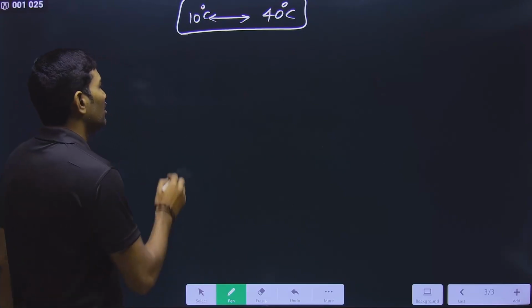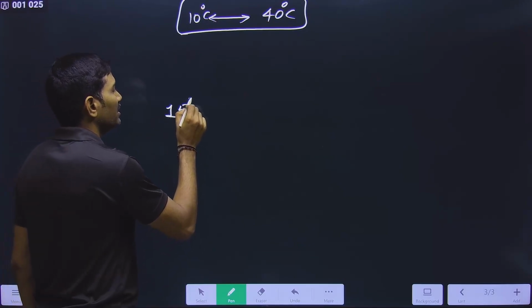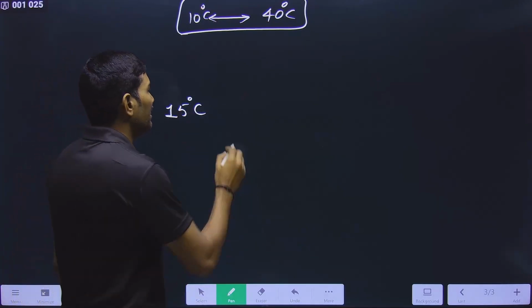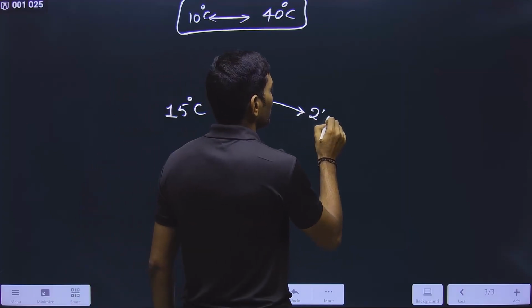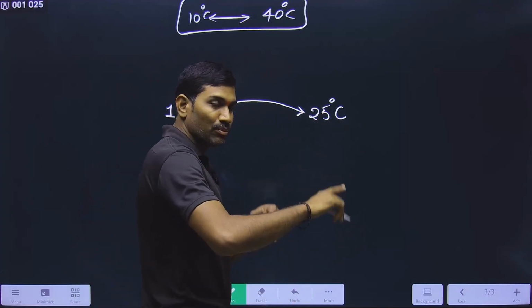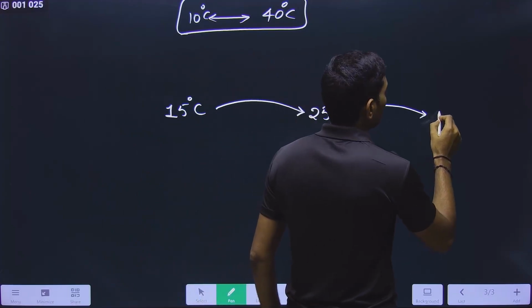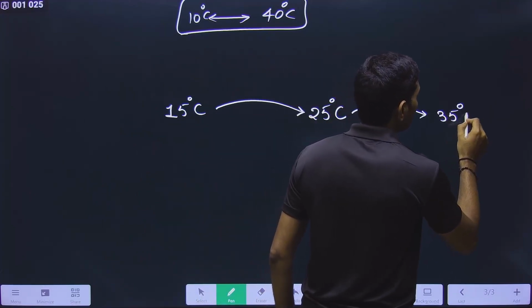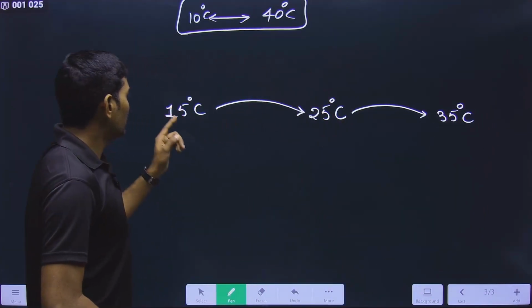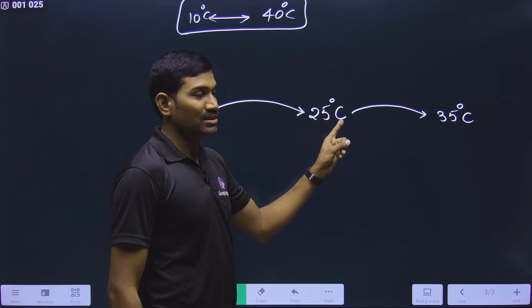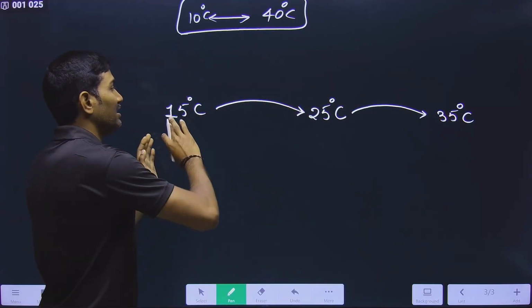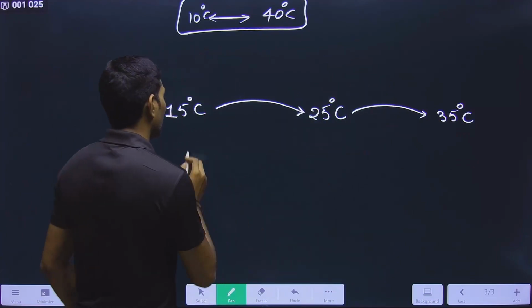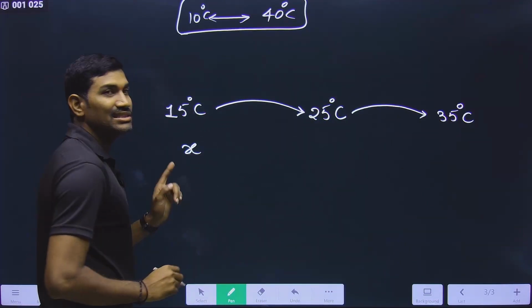Suppose the initial temperature is 15 degrees centigrade. A 10 degree increase means 25 degrees centigrade. Increased by another 10 degrees, it becomes 35 degrees centigrade. Suppose the rate of reaction at 15 degrees is x.